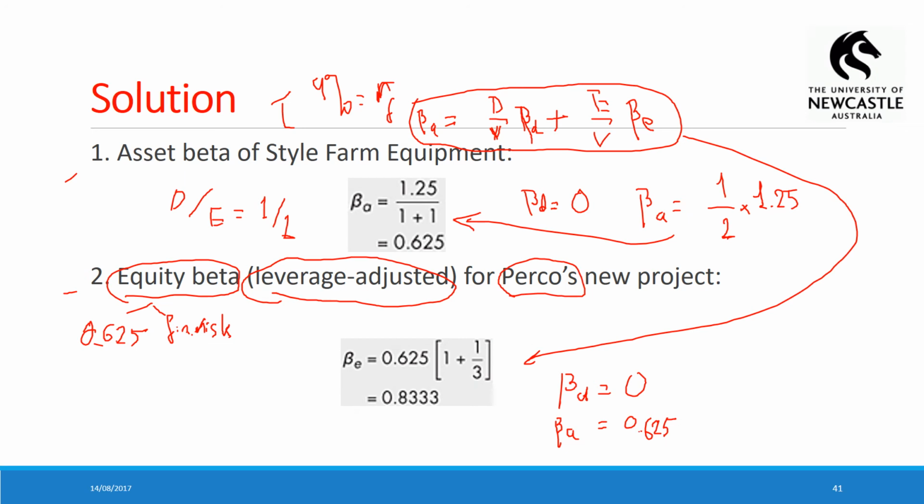What else do we know here? We know that the leverage ratio for the current company is 1:3. That means that V is equal to 1 plus 3. So if we rearrange this equation, this is what we get.